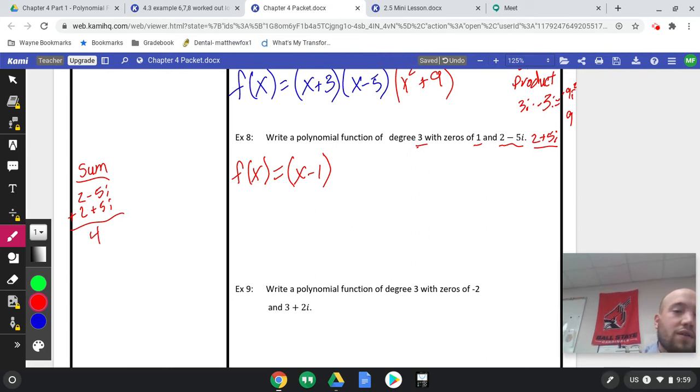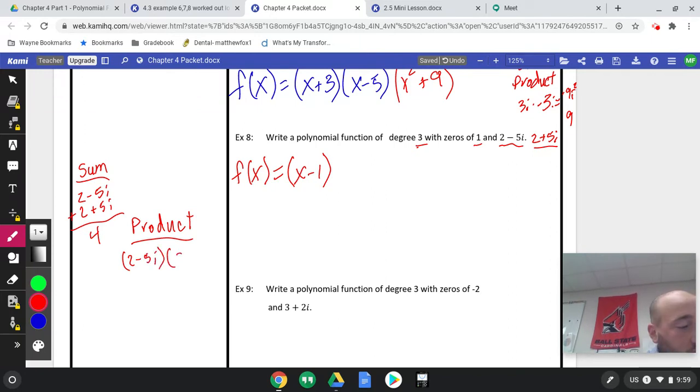And over here, we also need to find our product. So the product of, I'm going to put them in parentheses, 2 minus 5i times 2 plus 5i. Then we FOIL. 2 times 2 gives us 4. We're going to have plus 10i in the middle, minus 10i, then minus 25i squared.